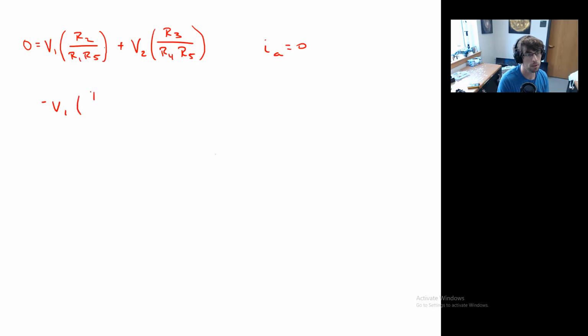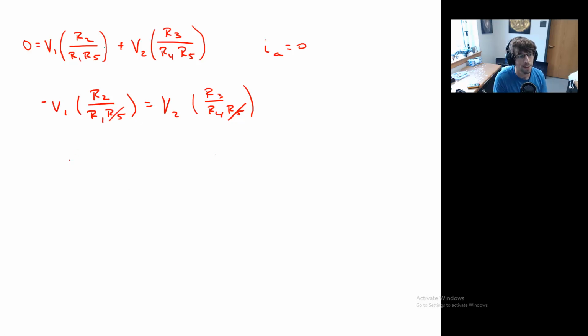Well, we can do a little bit of razzle-dazzle rearranging. R3 over R4, R5. And oh, goody, we see that there's a cancellation of the R5. And so at the end of the day, we have V1 is equal to negative V2, R1, R3 over R2, R4.